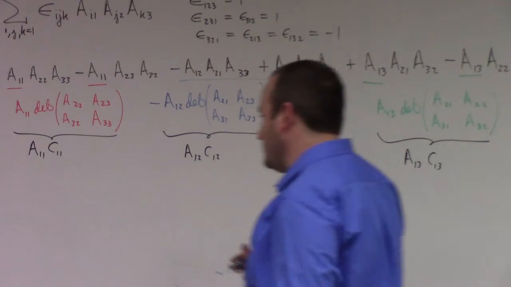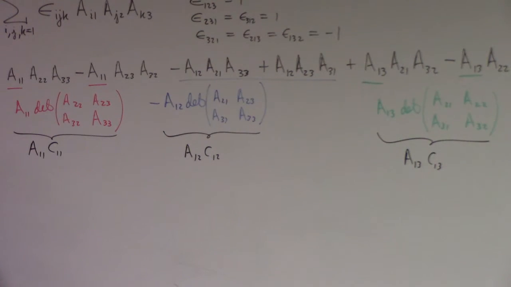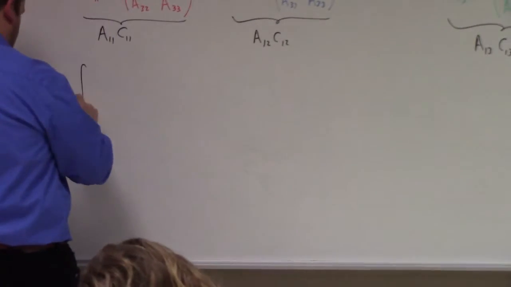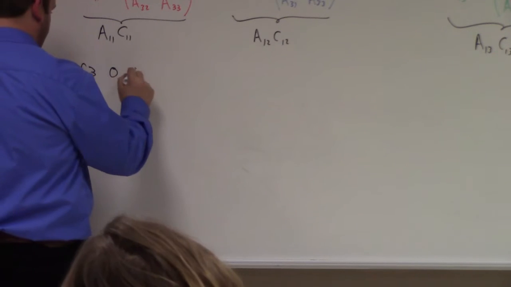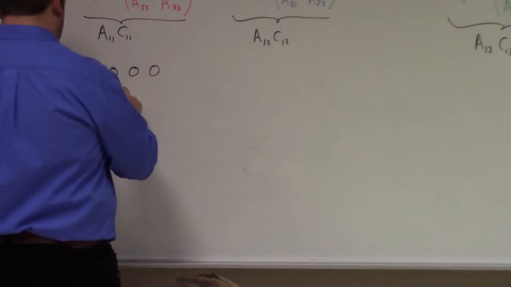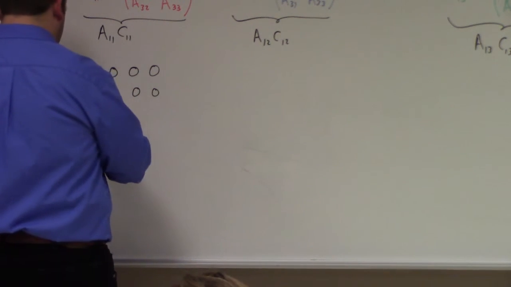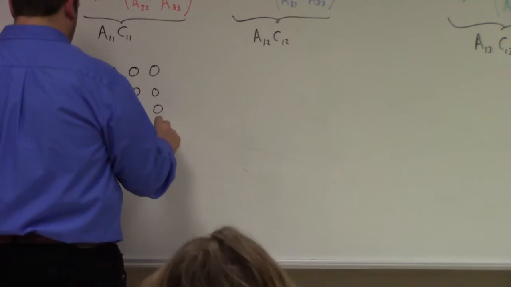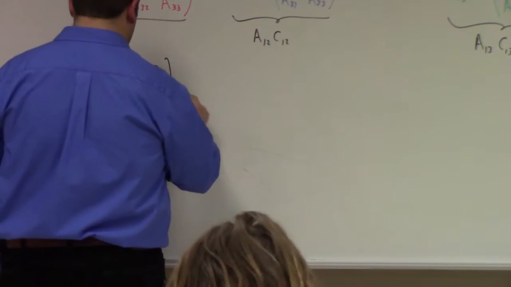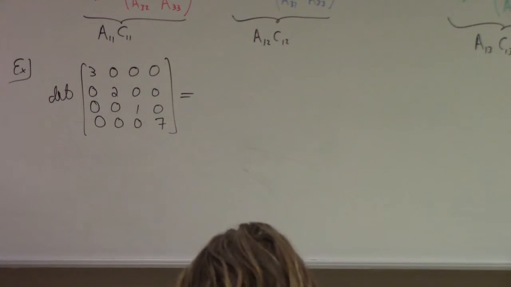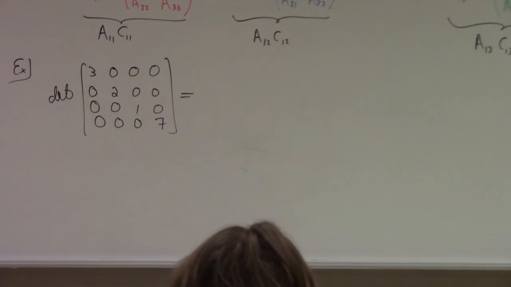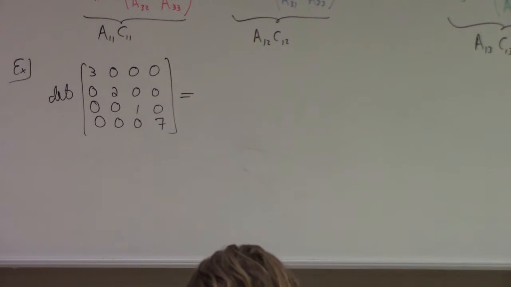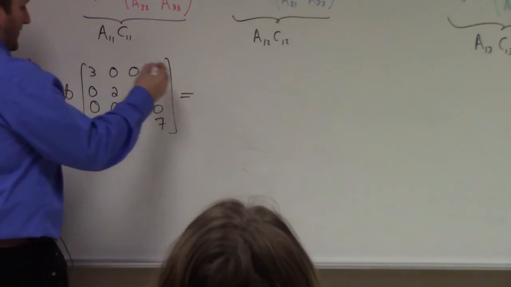So here, let me show you an example. It'll be 4 by 4. The determinant of the matrix with rows 3, 0, 0, 0; 2, 0, 0, 0; 0, 0, 1, 0; 0, 0, 0, 7. I'll do the column expansion. I'll stick with the first row, fine.